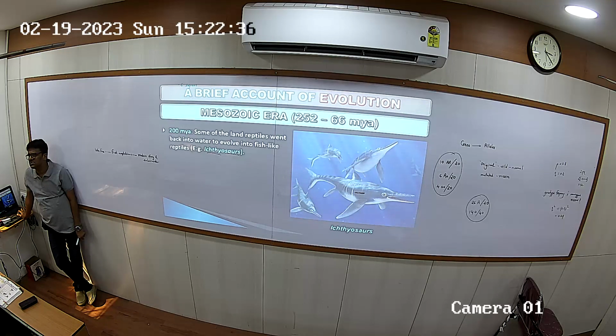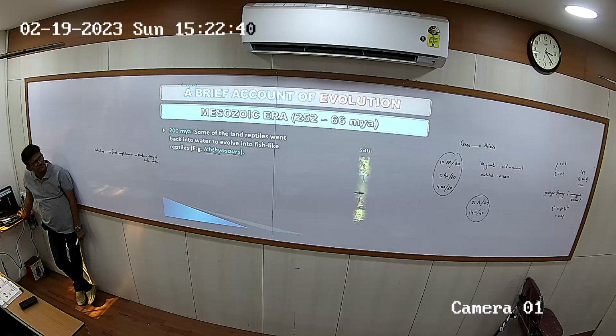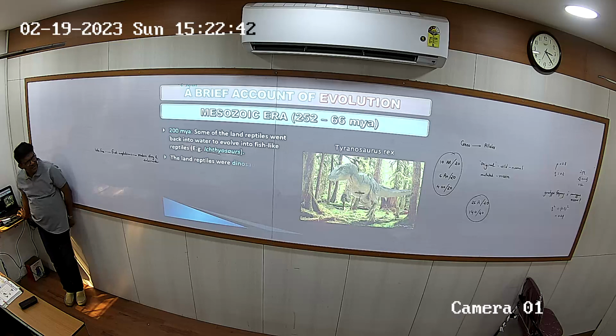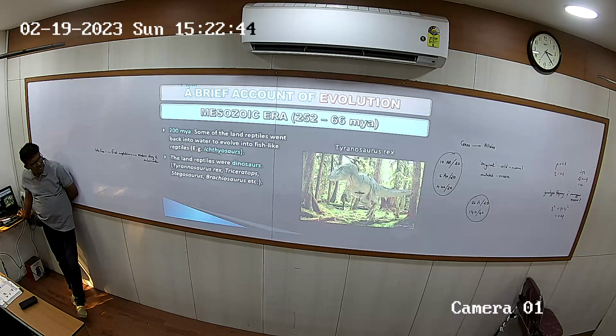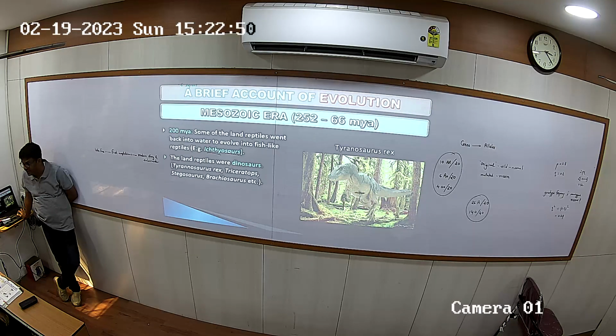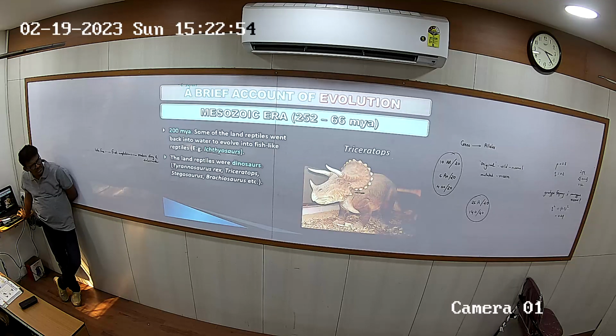And this was 200 million years ago. Land reptiles were dinosaurs. Tyrannosaurus, Triceratops. Some of these examples are there in the form of diagram. Stegosaurus, etc. Have a look.